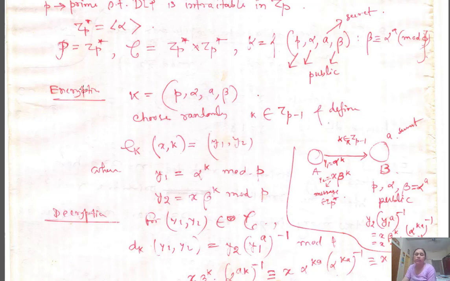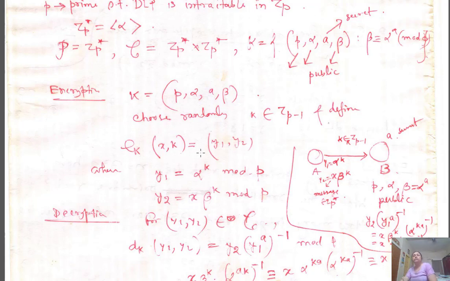She chooses k, raises alpha to the power k and also beta to the power k. She sends alpha to the power k and masks the plaintext, an element of Zp star, by multiplying it with beta to the power k. Beta and alpha are both part of the public key.